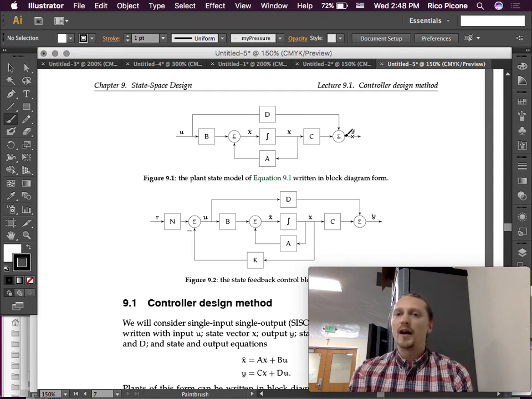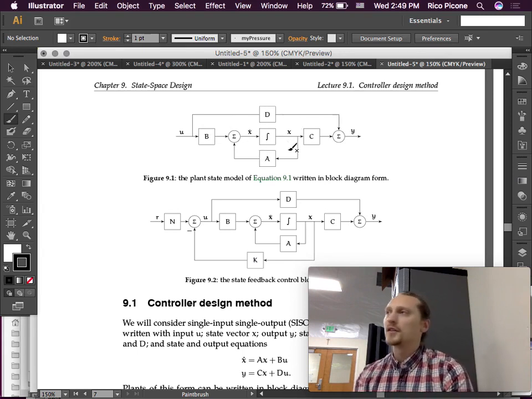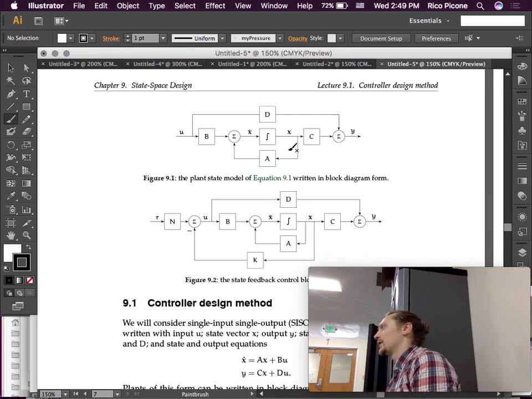So y equals cx plus du, that's the output equation, x dot equals ax plus bu. So those are the two formulas. And then the relationship between x dot and x is one of integration. So you integrate x dot to get x, and that's the block diagram representation of it.